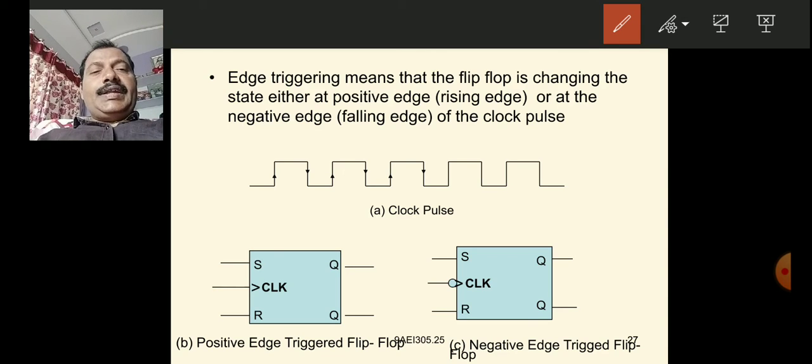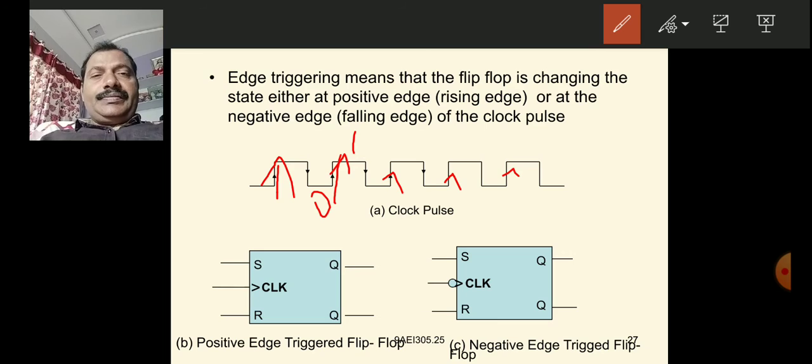This is the rising edge, the positive edge. These are all positive edges. That means the clock is changing from 0 to 1. Here also positive edge, positive edge. These are all positive edges.